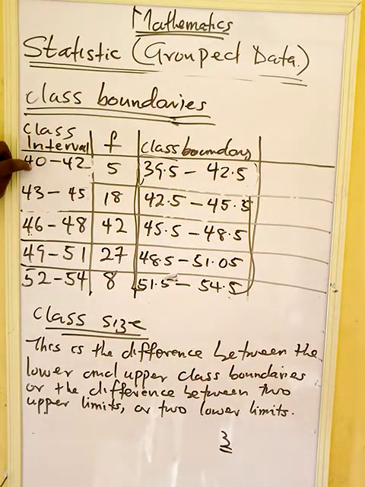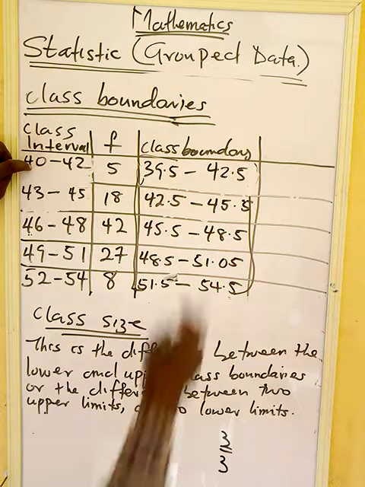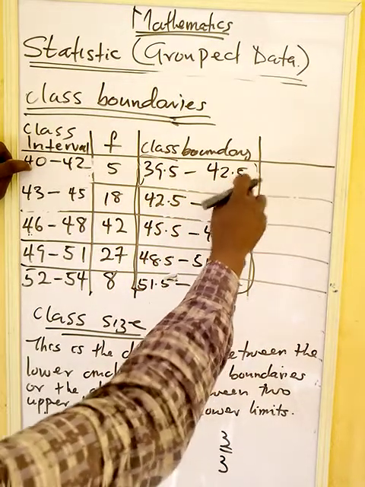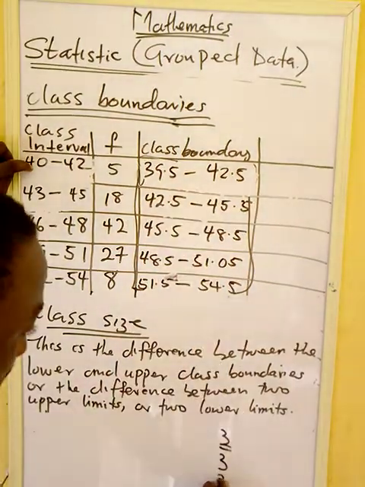Now 43 minus 40 will still give us 3. If you subtract 42.5 minus 39.5, it will give us 3.